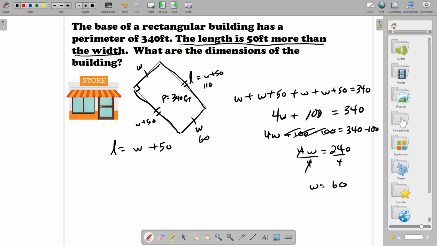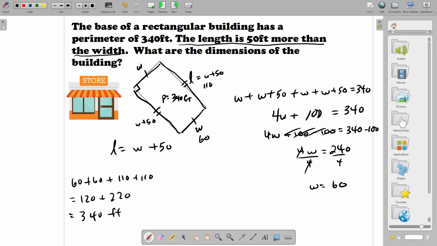Let's check our answer. We know we have to have a perimeter of 340, so if I take a width plus another width plus a length plus another length, 60 and 60 is 120, 110 and 110 is 220. Add these up, we get 340 feet.